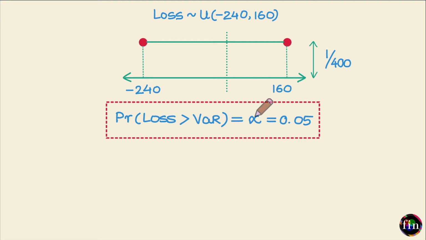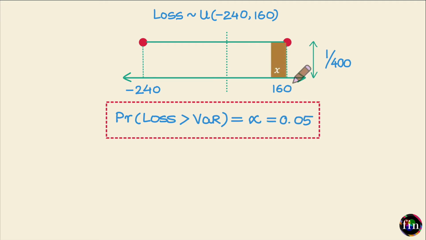Since I'm working with a 95% confidence, the level of significance is 5%, which is simply 0.05. So VAR will be that number on the horizontal axis, somewhere in between minus 240 and 160, such that it creates a right tail whose area equals 0.05.